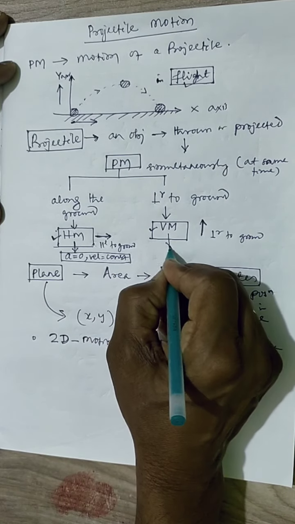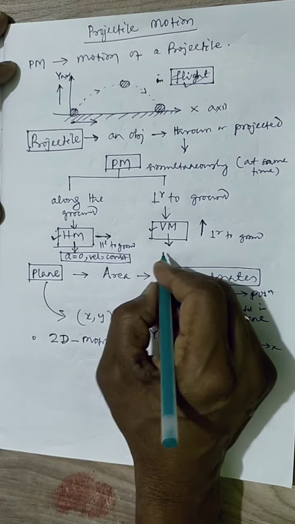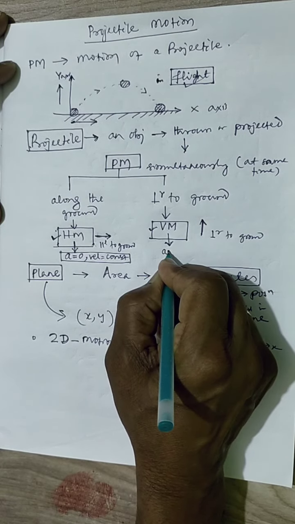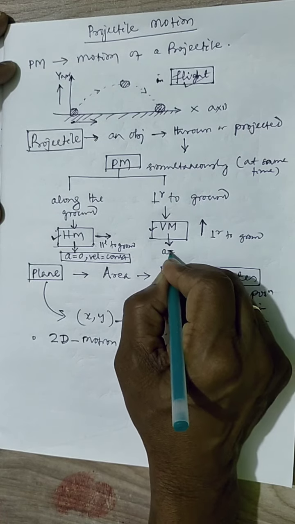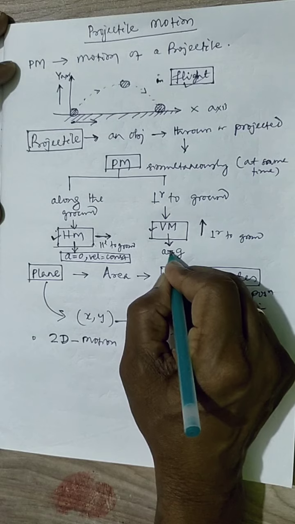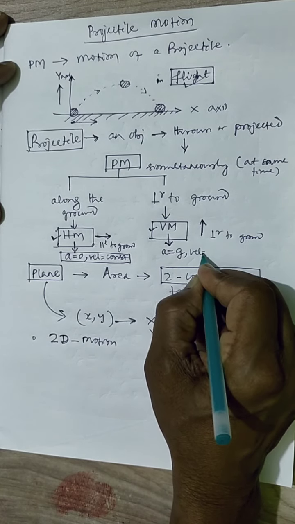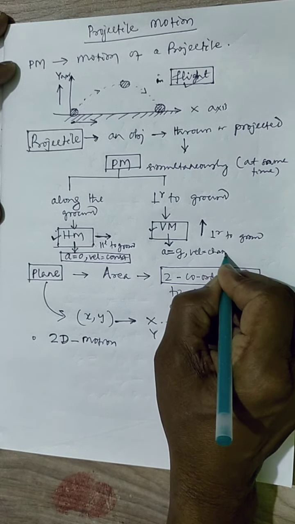Whereas in vertical motion, velocity changes and acceleration is not 0, acceleration is g, that is acceleration due to gravity, and velocity changes.